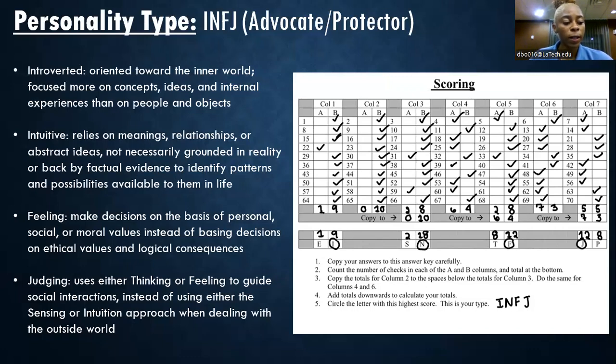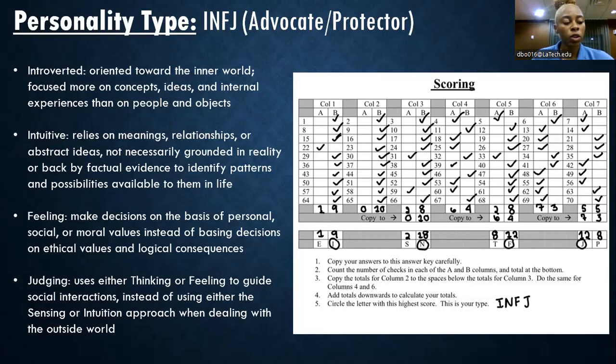The introverted-extroverted scale determines how an individual interacts with their environment. Since I lean toward being more introverted, I am oriented primarily toward the inner world. Therefore, I tend to focus all my energy more on concepts, ideas, and internal experiences than on people and objects present in my everyday environment in real life.